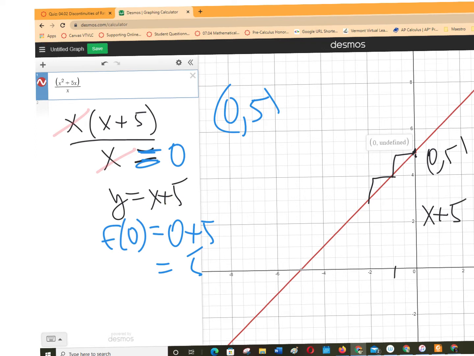And we ask ourselves, where does y equal 0? Because that's where it crosses the x-axis, right? So if I subtract 5 from both sides, do you see I get x equals -5? So the zero happens when x equals -5. And the discontinuity is happening when x equals 0, y should be 5. Okay?